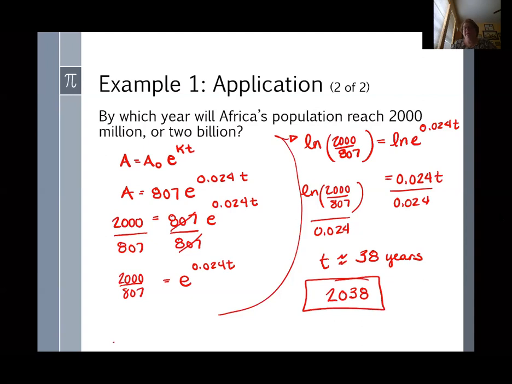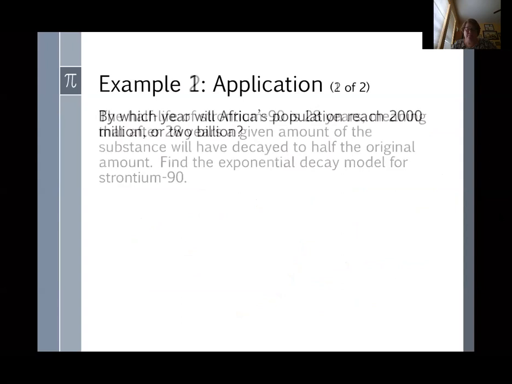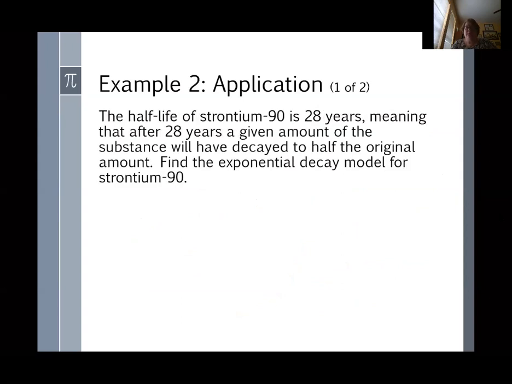All right, the next example we're going to look at is exponential decay. The half-life of strontium-90 is 28 years, meaning that after 28 years, a given amount of the substance will have decayed to half the original amount.